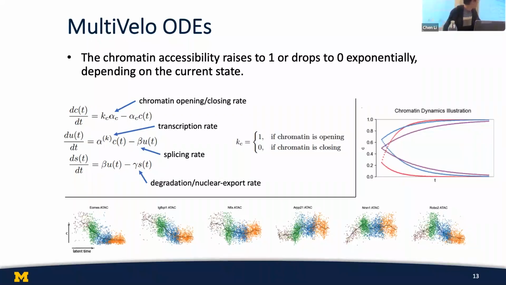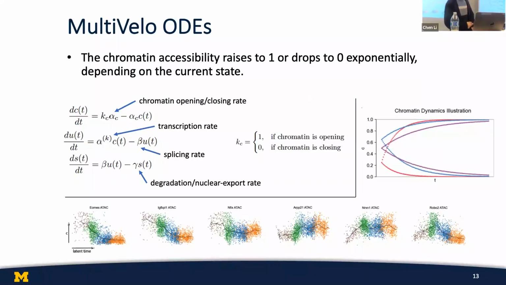And c here is the chromatin accessibility as measured in the ATAC count. Just look at the equation, but what it looks like in a plot is that it essentially goes to 1 or 0 exponentially, depending on the current state, like shown on the right.